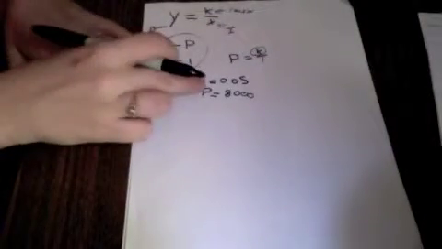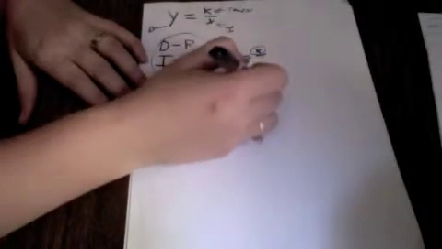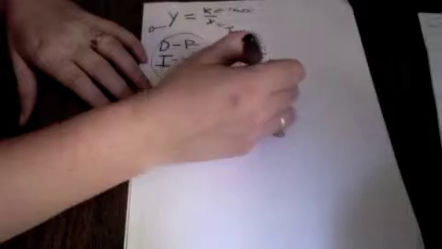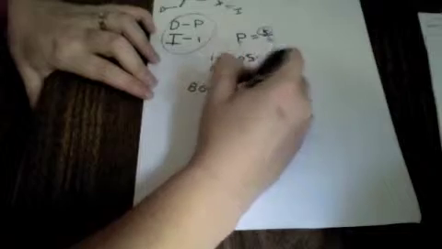So what we want to do is we want to substitute this 8,000 for the P, and this 0.05 or 5% for the I, so that we can solve for K. So let's do that. 8,000 equals K over 0.05.